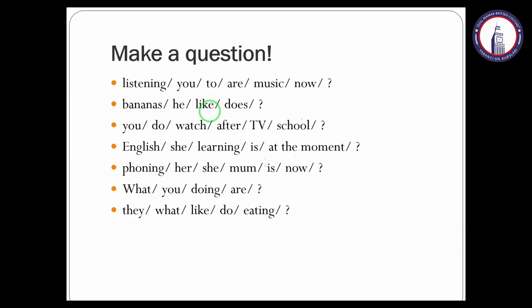So let's come to another practice. We're going to make questions. For example, you are listening to music now. This is a normal sentence. Okay? So it can be changed to question form. How? By bringing are to the first. Are you listening to music now? Or does to the first.